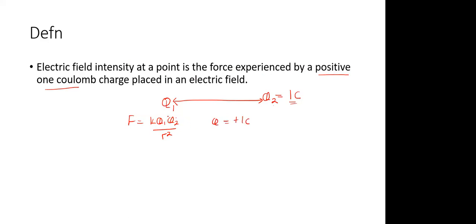So where there is one of these charges, you just put 1, meaning your force will be KQ over R squared. When you multiply by 1, the force remains the same, so you get KQ over R squared. Now, this force is a special force, and this special force is what we call electric field intensity.